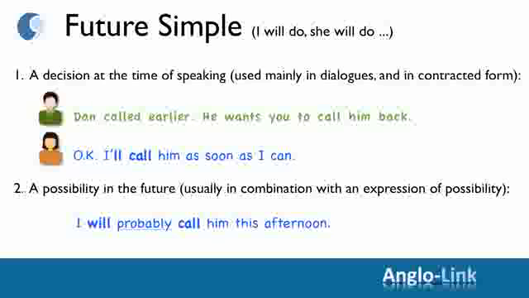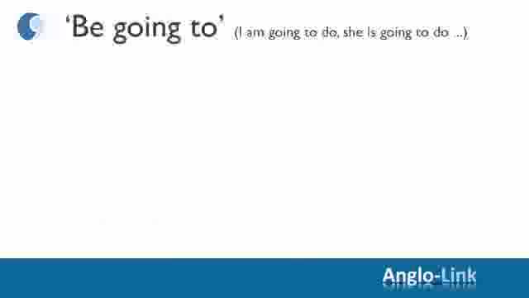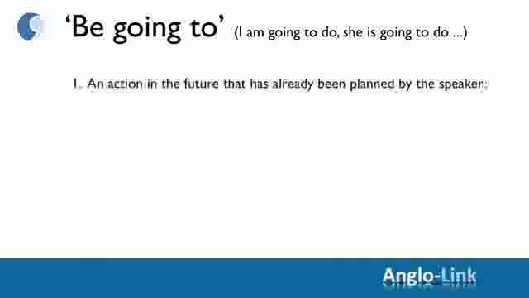From future simple, we moved on to the going to form. I'm going to do, she's going to do, etc. And as you will remember, there are also two usages. The first one is an action in the future that has already been planned by the speaker.